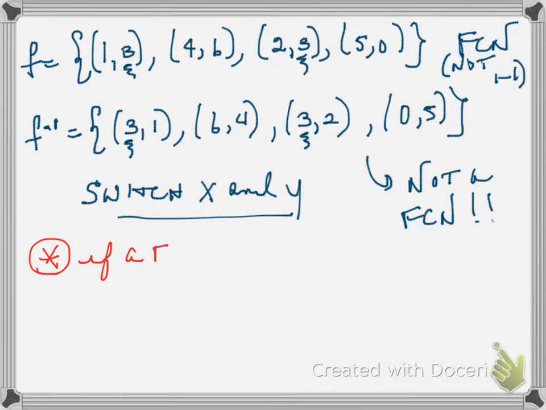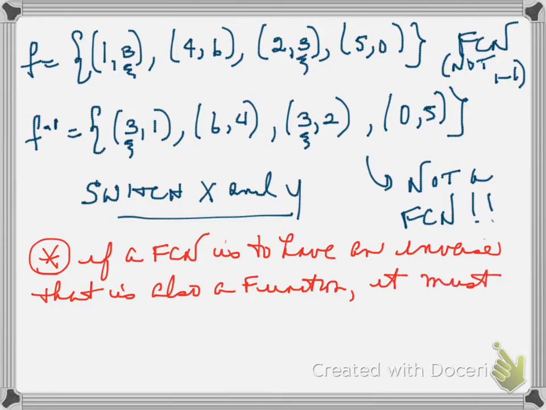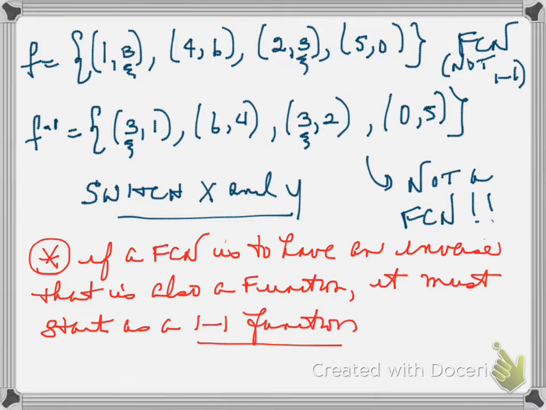If a function is to have an inverse that is also a function, it must start as a 1 to 1 function, because repeated y values are going to become repeated x values, and we would no longer have a function.